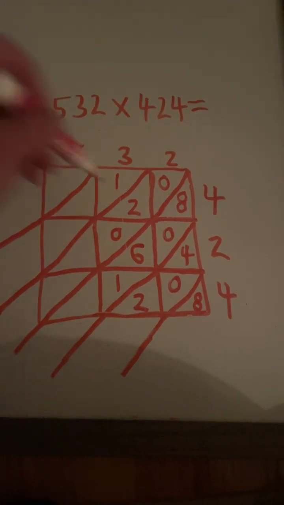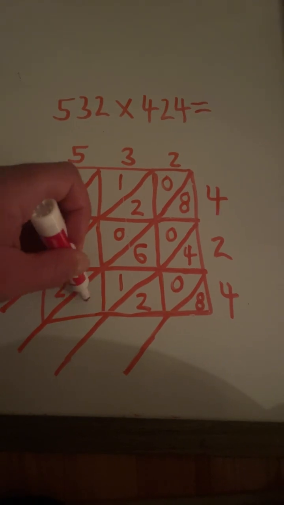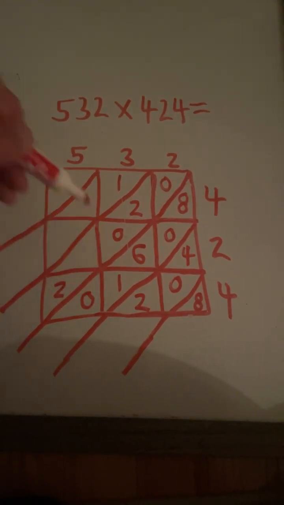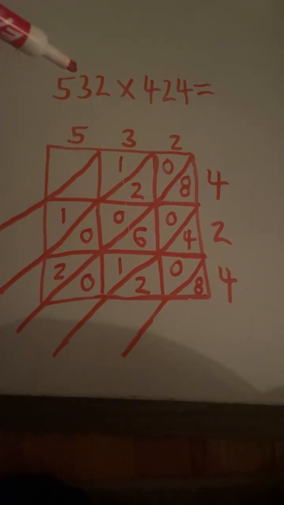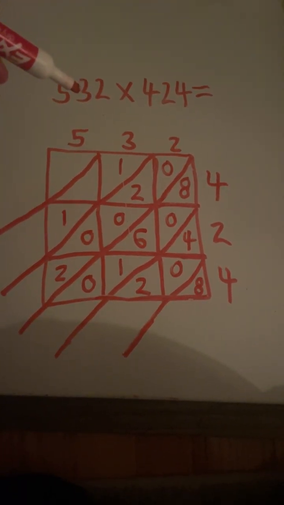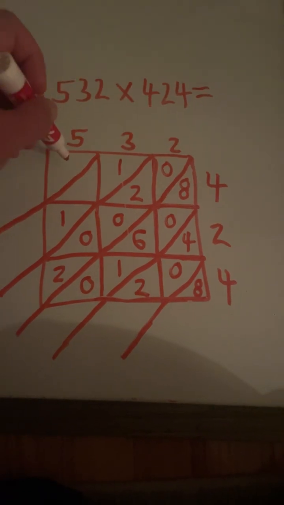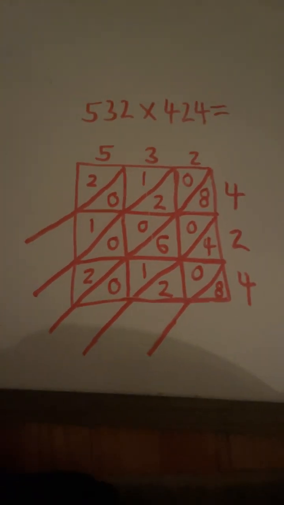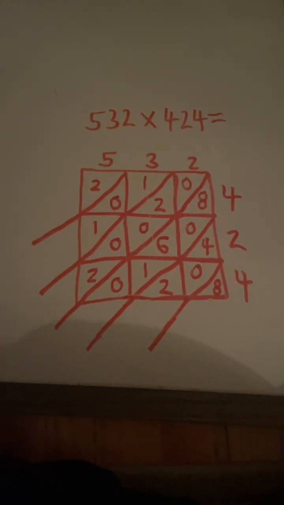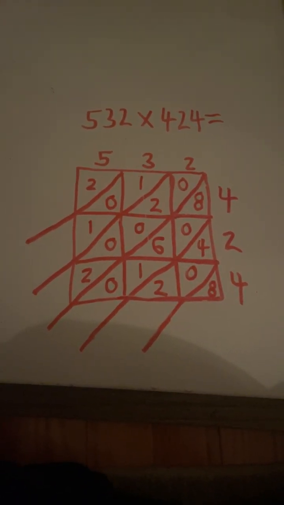All right, moving along, 5 times 4 equals 20. 5 times 2 equals 10. 5 times 4 again equals 20. So that concludes the multiplication portion of this method.